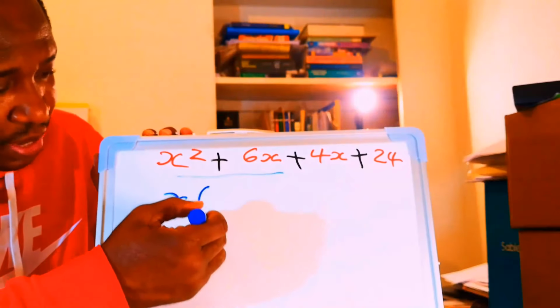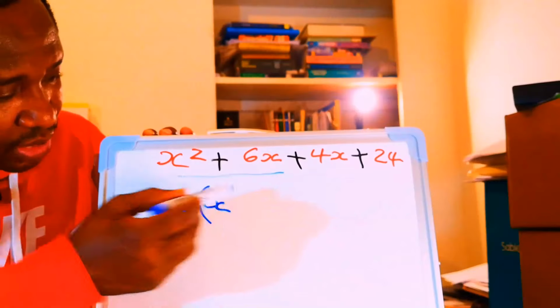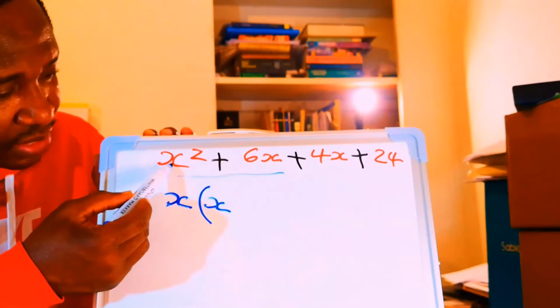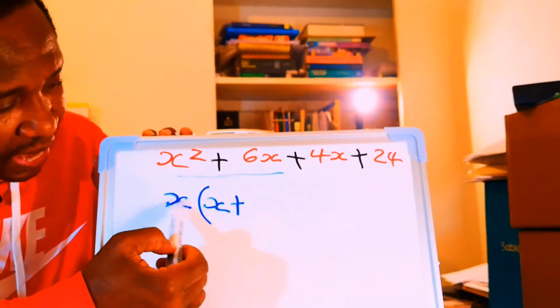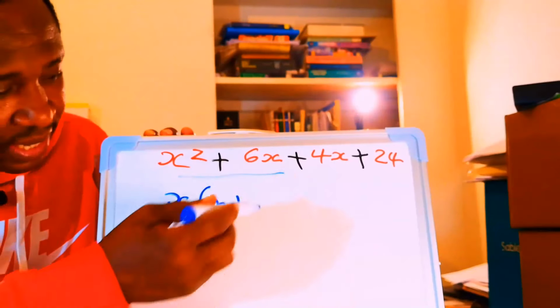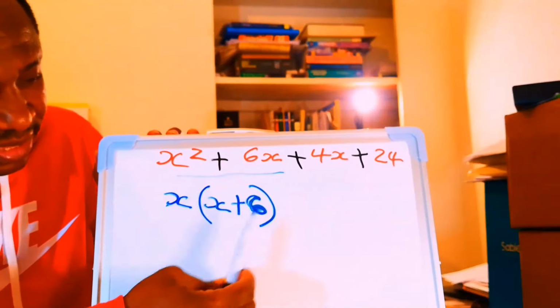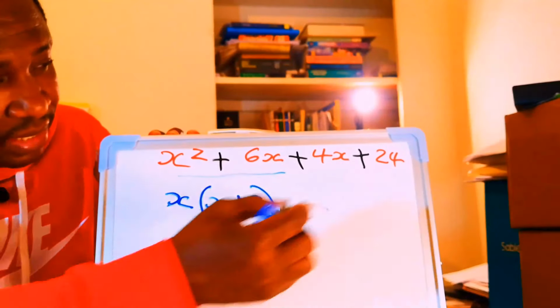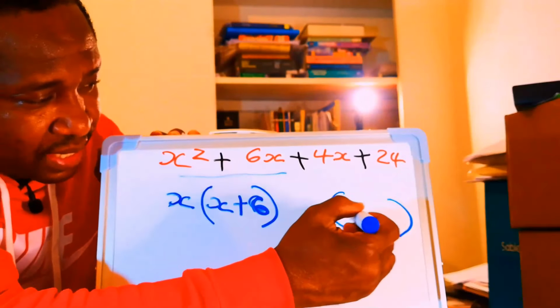Now I'm going to open a bracket. Here I need to put x so that x times x will give you x squared, plus what will I put here? When x multiplies that, I will get 6x. It is 6. Remember, anything I get in this bracket, I will open a bracket and copy and paste the same thing.